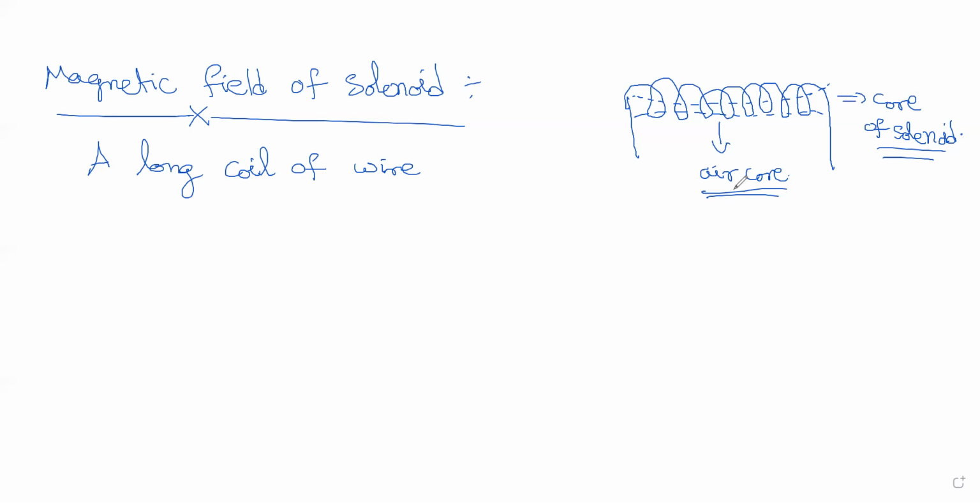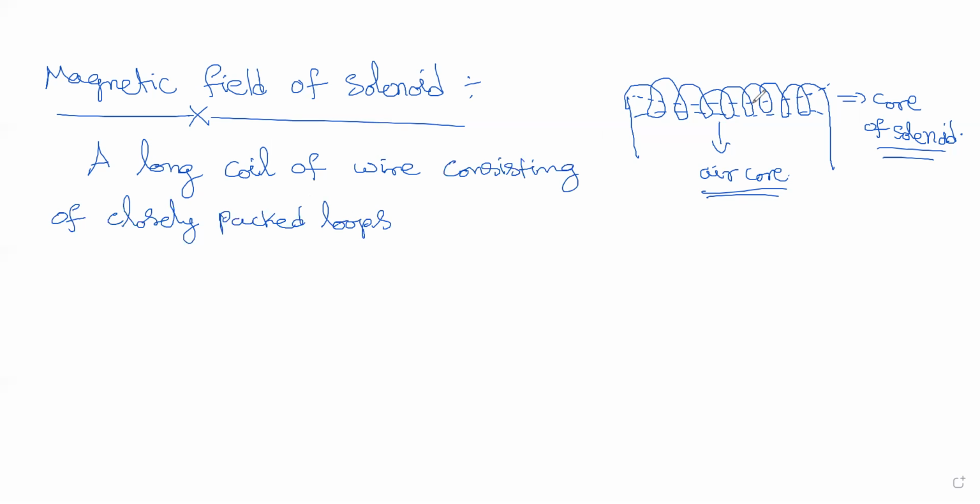So a long coil of wire consisting of closely packed loops. I have drawn it like this for understanding only, but all these things should be really wound very, very close.